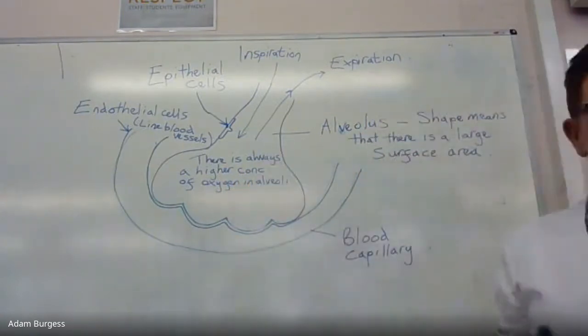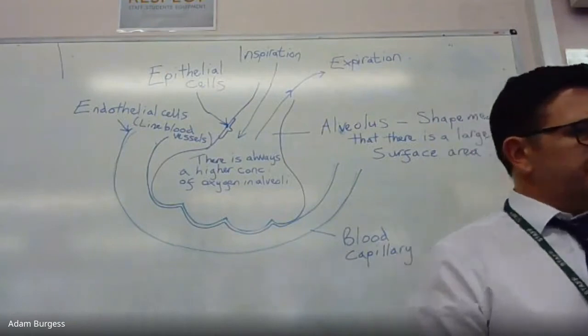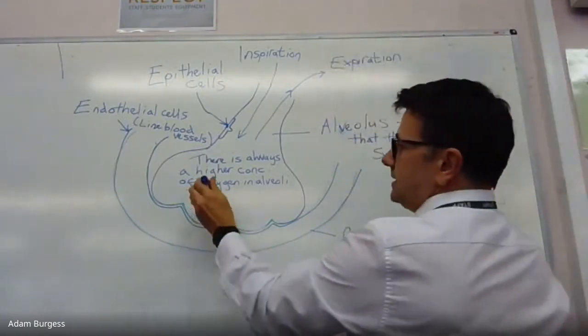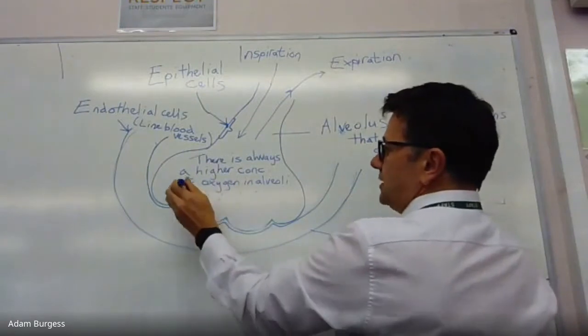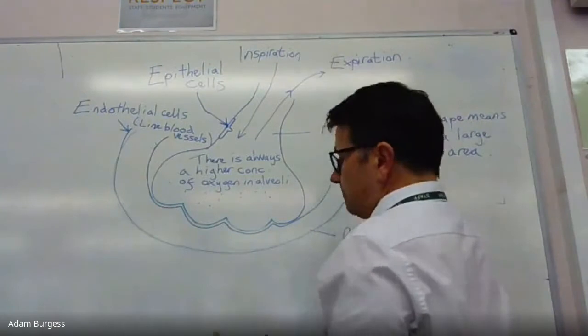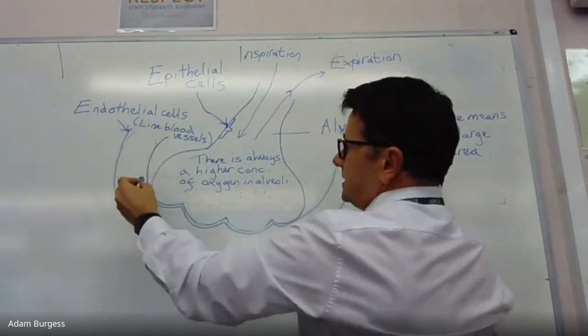So there's a large concentration gradient, in terms of there's more oxygen in the alveoli than there is in blood vessels. So here is the blood.